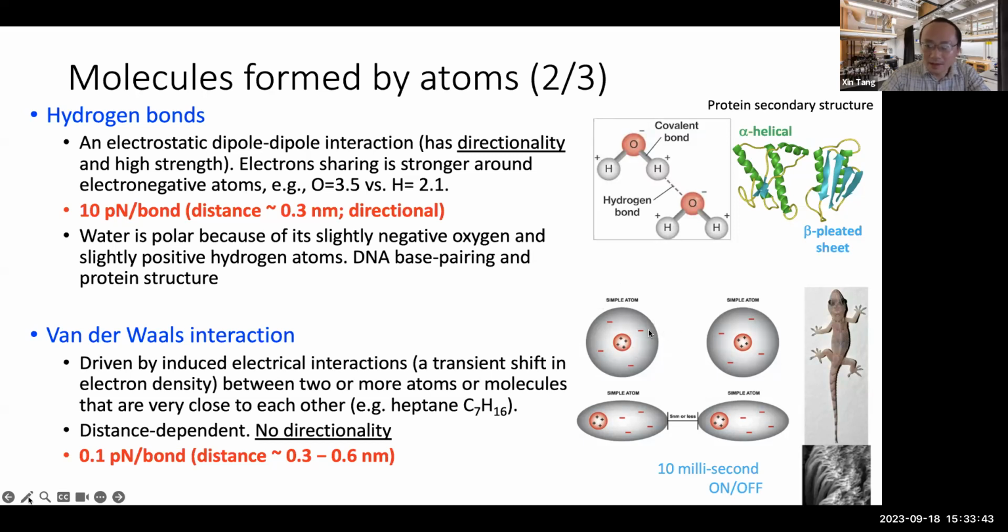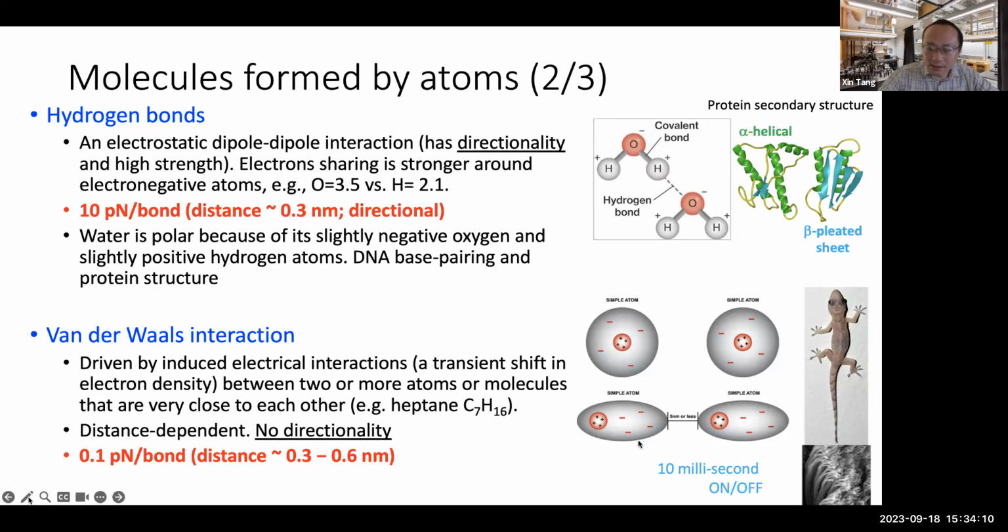If due to some environmental influences, those atoms show some electrical density change, for example, for this atom, if the electrons for some reason all go to the left-hand side or right-hand side of it, they form this kind of distribution.